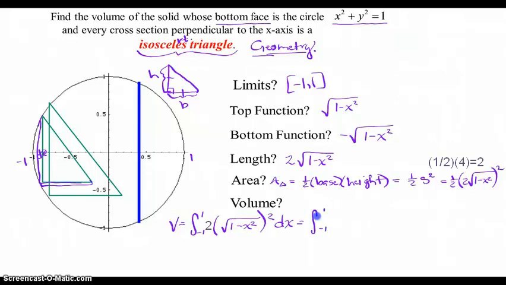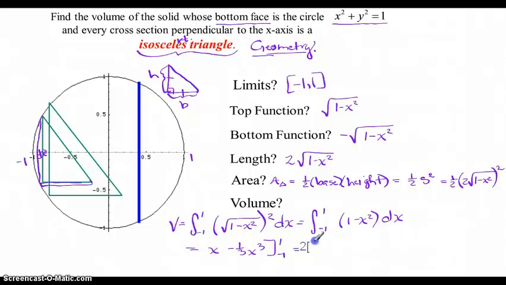So this is actually going to be the quantity 1 minus x squared dx. We find the antiderivative. That is x minus 1/3 x cubed. We're integrating from -1 to 1. And so we're going to get 1 minus 1/3 times 1 cubed, and all of that minus -1 minus 1/3 times -1 cubed. And there is the volume.